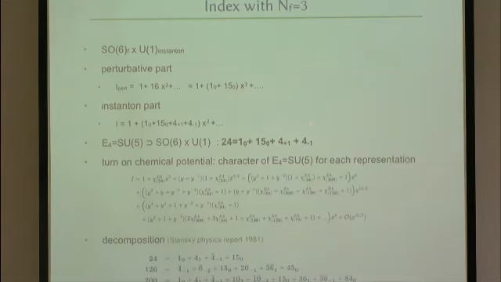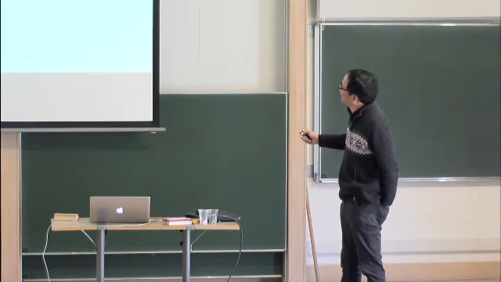So let's go over to the simple case, NF equal to 3, because NF equal to 2 and 1 is rather trivial. The perturbative part is given by that, the instanton part is given, and as I said, the x cubed term is related to E4, which is the SU5 ordinary representation, so they have a nice decomposition and the numbers come out right.